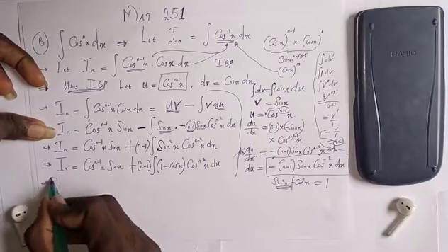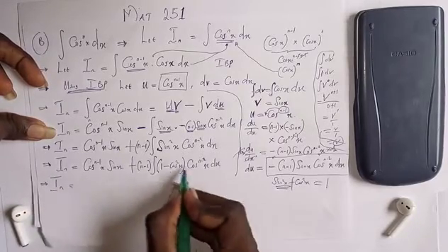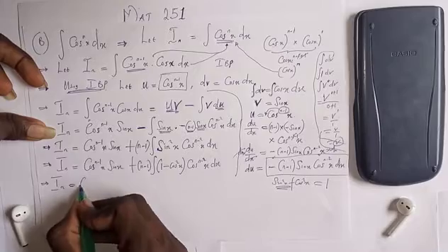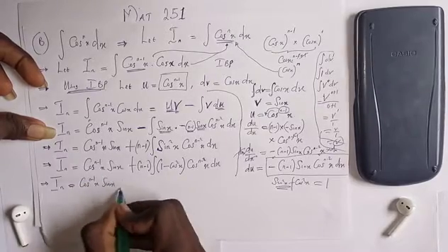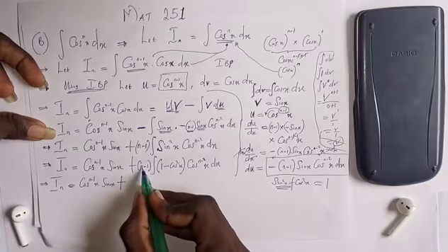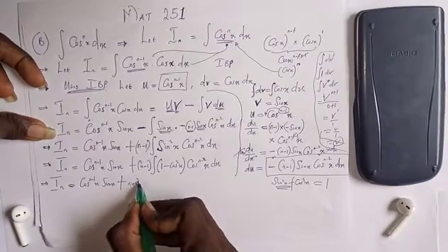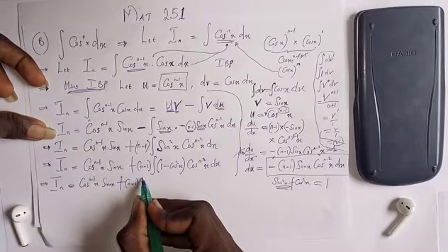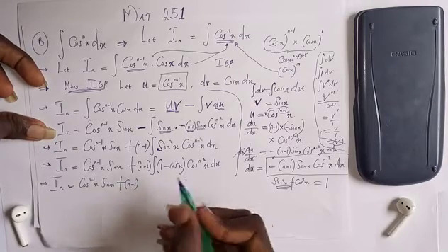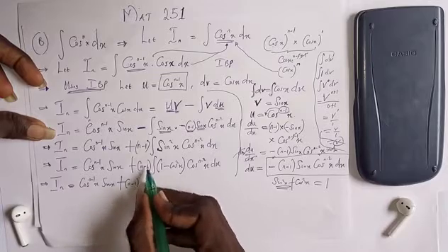So the next thing to do from here is to open up this bracket. So when I open it up, I will end up having this still repeated, then plus n minus 1, right? Okay, let me just take it one by one.